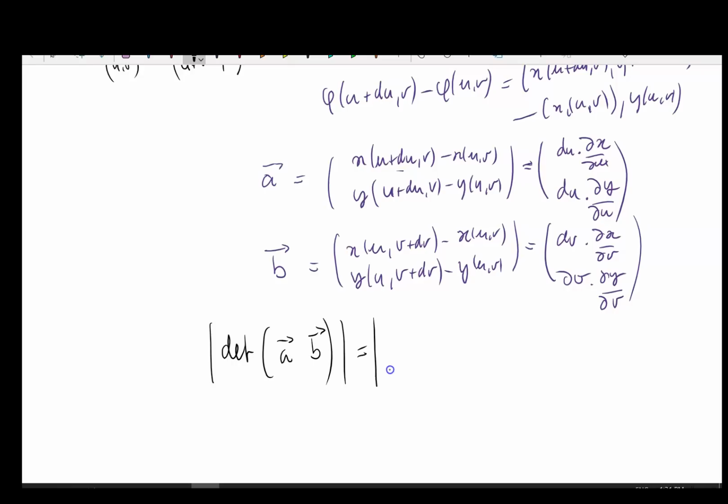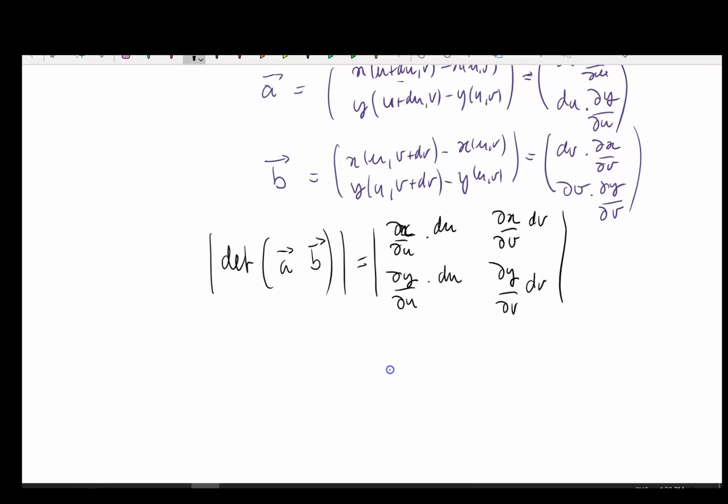So let's compute that. Let me rewrite it as dx over du times du, dy over du times du, that's my vector A. My vector B is going to be similar, but with v: dx over dv times dv, dy over dv times dv. And what do I get if I do this computation?